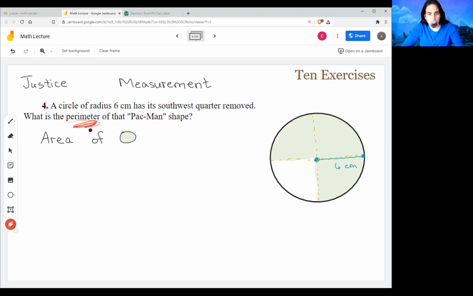I am wrong. We want the perimeter. Thank you for catching me. Okay, perimeter. The area one is from one of the practice tests. So the perimeter of the whole circle all the way around.